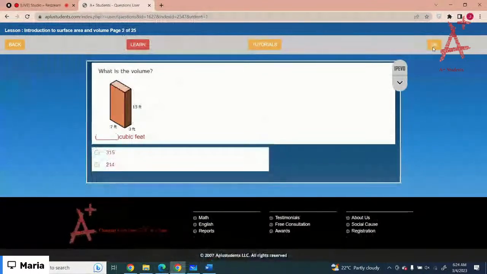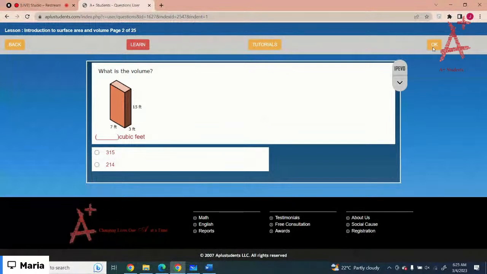Okay, what is the volume? So you have to calculate the volume of the given figure.